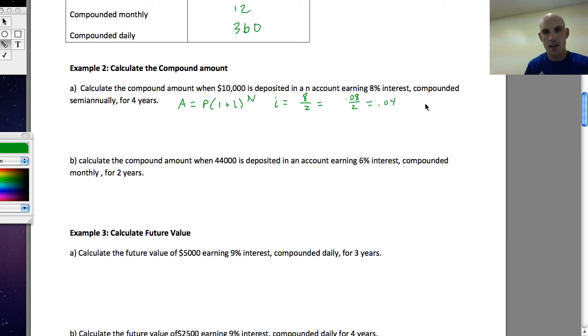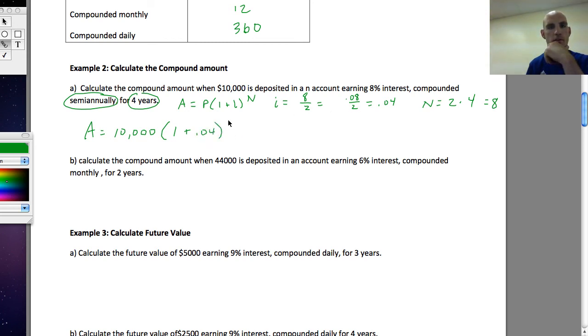And N is equal to 2 times 4, because it's 4 years, so N is equal to 8. So let's plug this in. Our amount is equal to our principal, 10,000, times 1 plus our I, 0.04, raised to the 8th.